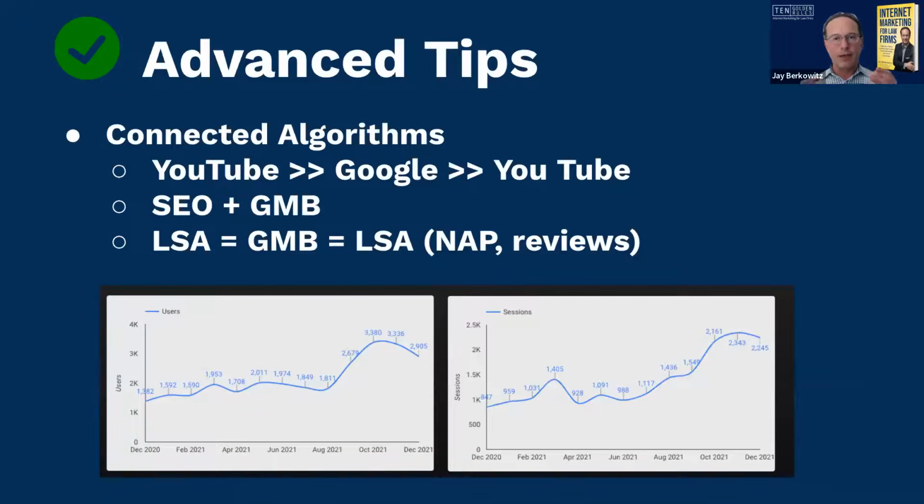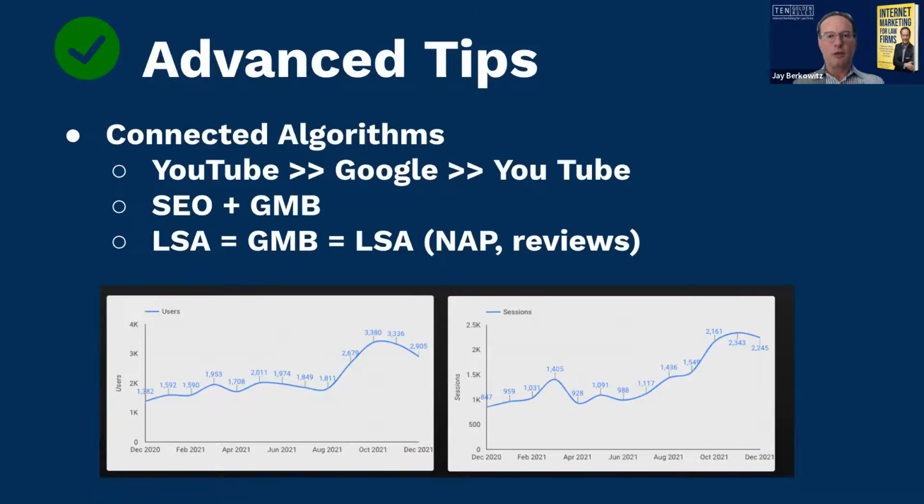The next advanced strategy is something I've learned, and I've been doing this, as I mentioned, for about 20 years, and Google's been around for about 19 of those 20 years. The advanced thinking that I've learned is that when Google introduces a new product, they link the algorithms to the core algorithms.